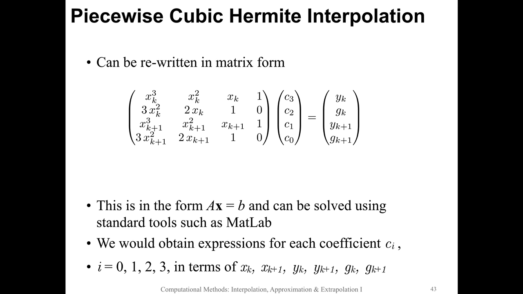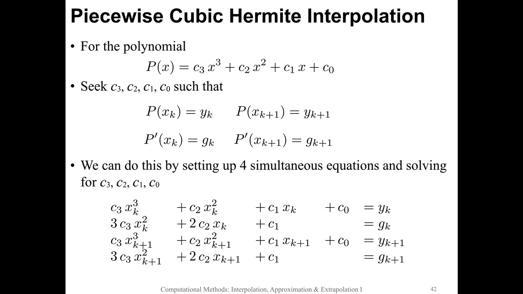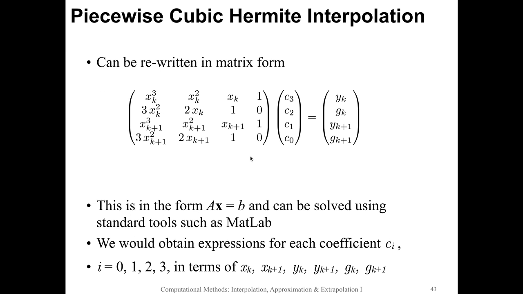And we can rearrange this into a matrix form. So here we have exactly the same set of equations as we had on the previous slide. I'll just toggle back briefly. So here in matrix form is the same information.